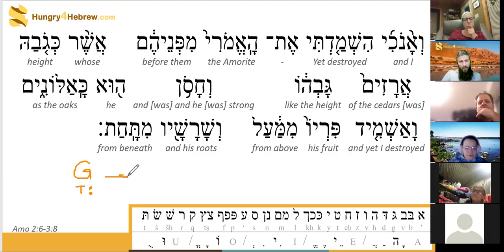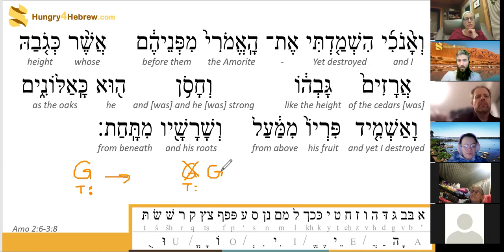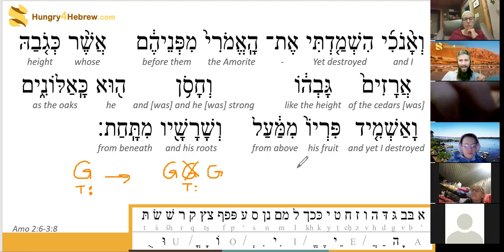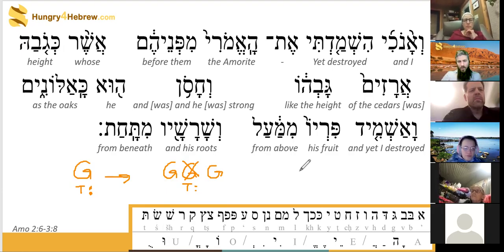Now the exception. The older you go, you're going to find it under non-gutturals. It's a G with an X in it. When a guttural is next to it, either before it or after it, or on certain letters that had a guttural quality to them, letters that are called emphatics.